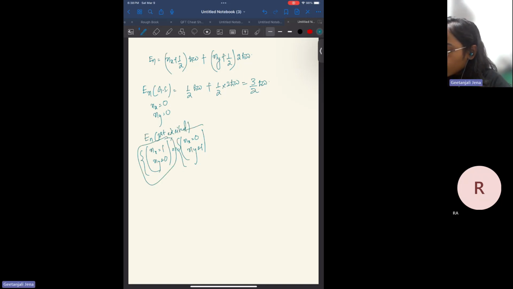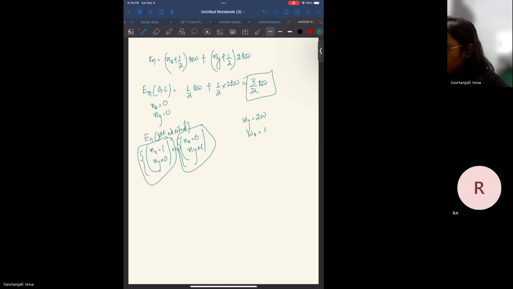In this two, which one will give the next highest energy level, which is greater than 3 by 2? Let's see: omega y is 2 omega, omega x is omega. So if you take nx equal to 1 and ny equal to 0, then you will get the next highest energy level.